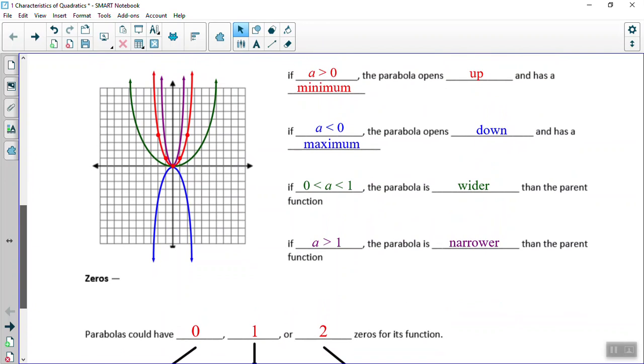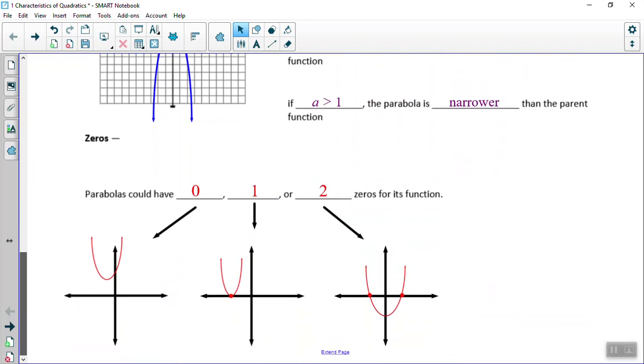All right, zeros. Oh, I did not hide those, so just hold on to these for just a second. Our zeros are also called our x-intercepts, our roots, and our solutions. Parabolas can have 0, 1, or 2 zeros for its functions. If it has 0 solutions or 0 zeros, it's going to look something like this, where it never touches the x-axis.